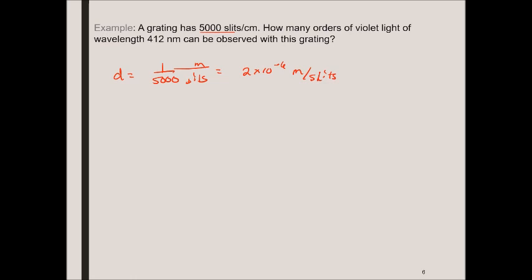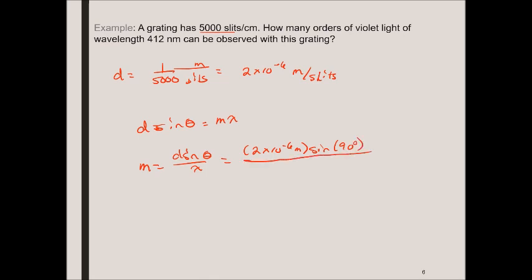And then we can put that into our formula. d sine theta is equal to m lambda. So m is equal to d sine theta over lambda. d is equal to 2 times 10 to the negative 6 meters times the sine. Again, the maximum is 90 degrees.